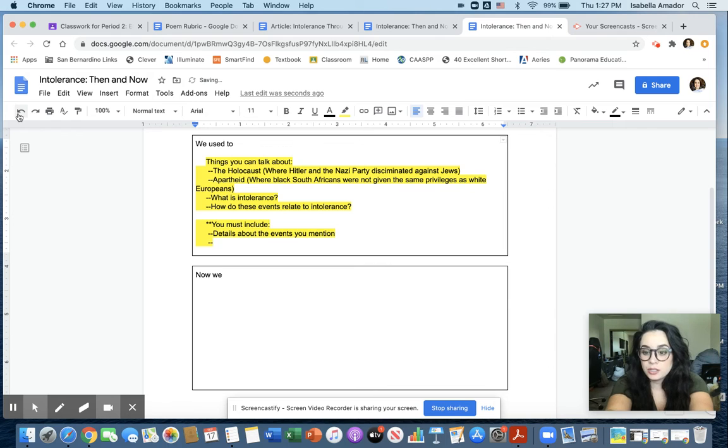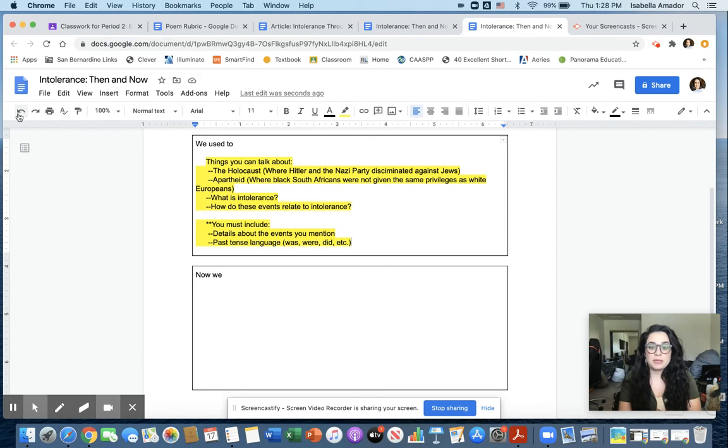And you must include past tense language. So verbs like was, were, did, etc. We don't want to use words that are present tense because we're talking specifically about the past.